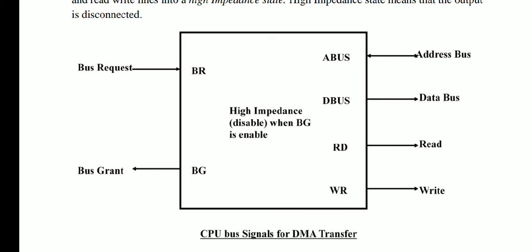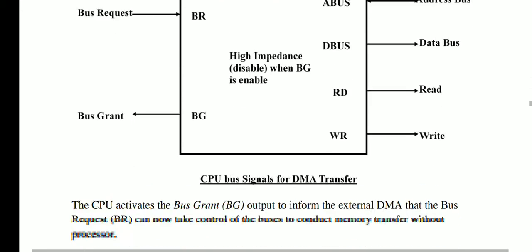First of all, we have to obtain the bus request for transferring the data. After accepting this, the DMA controller transfers data through the data bus, and then the bus is granted, giving permission to send any information through the data bus.